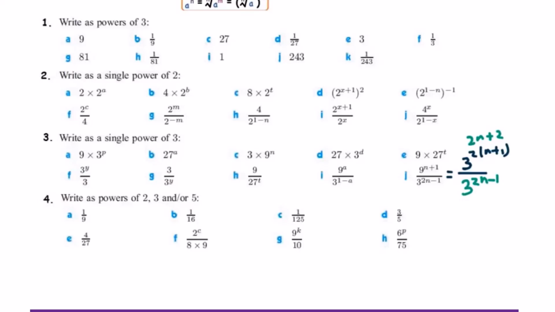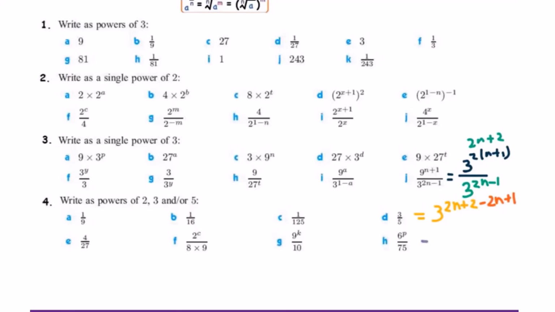When you do subtraction, you add its opposite. So I will get 2n plus 2, then minus 2n plus 1. See, I add its opposite, that means subtraction. So I get 3 to the 3rd power equals 27.